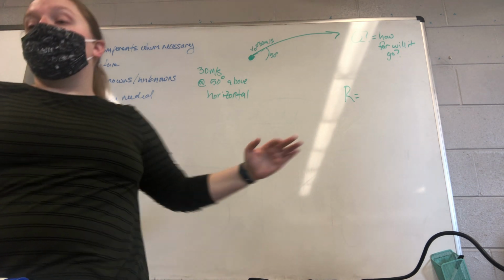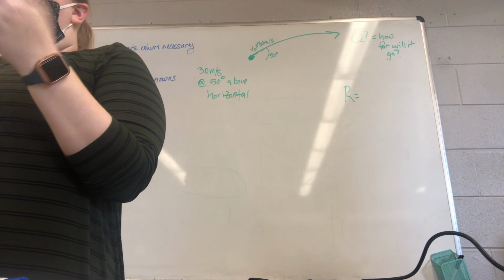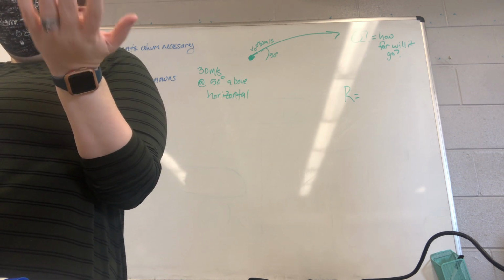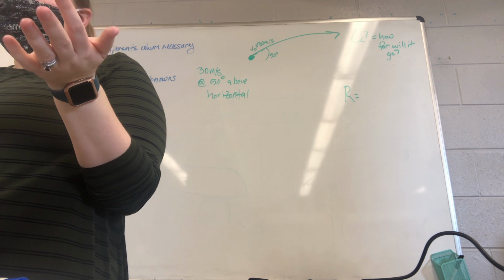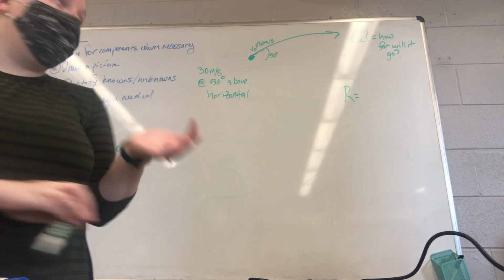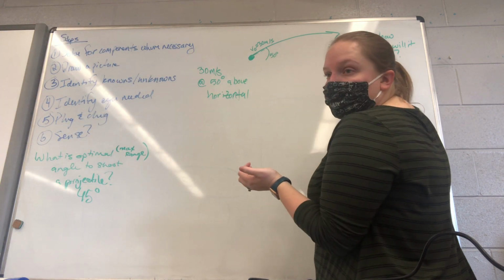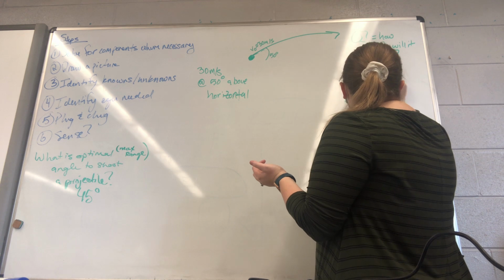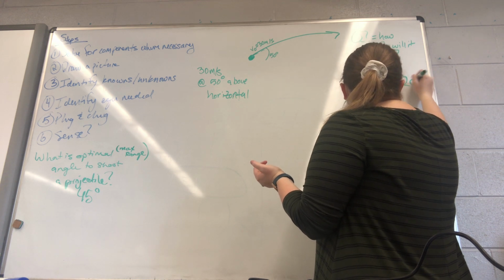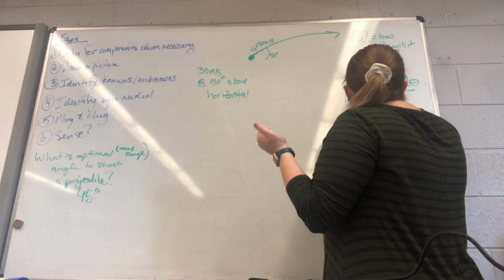Okay? So the range formula, it's like 2 theta. V naught squared times the sine of 2 theta, all over g.